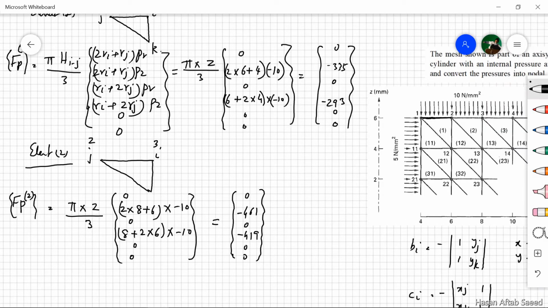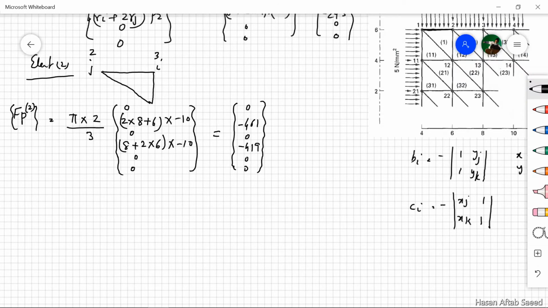Now we see element number 3. And this time again I and J, the nodes will be 4 and 3. Coordinates are given in the diagram.